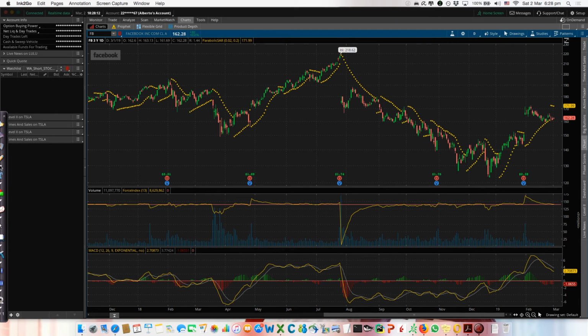You can see here the setting is force index 13, and what you see here is exactly what I explained. The exponential moving average of 13 periods, 13 days, because here we are using daily candles, of the force index 1, that is again the difference between the current and the previous close times the volume.